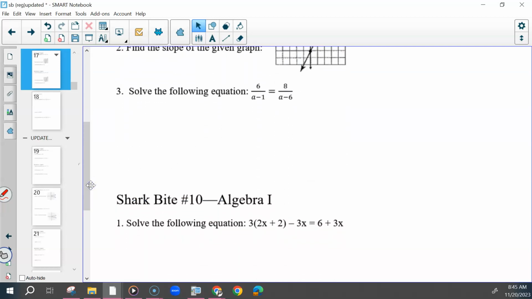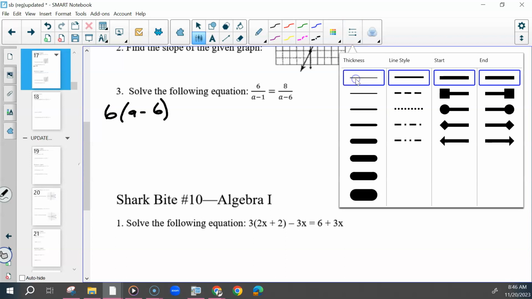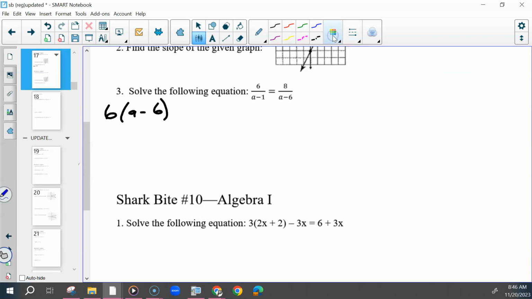Alright, starting with number 3, we have a fraction that equals another fraction. What is our first step? Cross multiply. We have 6 times a minus 6 equals 8 times a minus 1, or if you put them on opposite sides, that's fine.